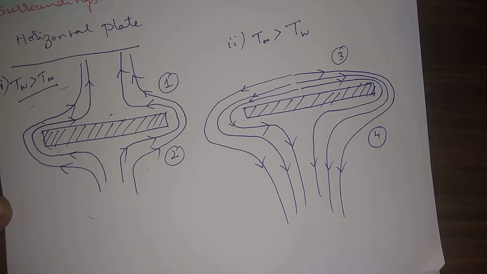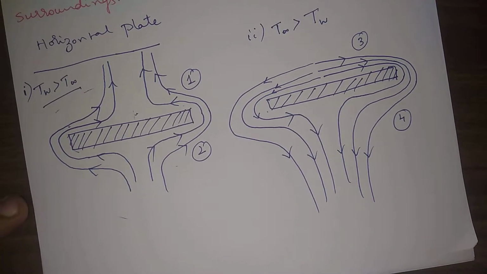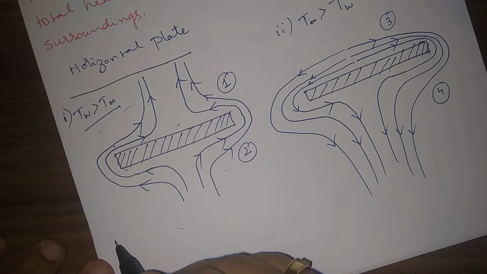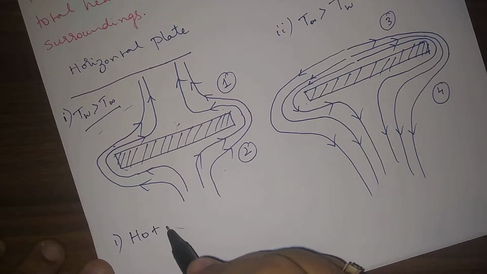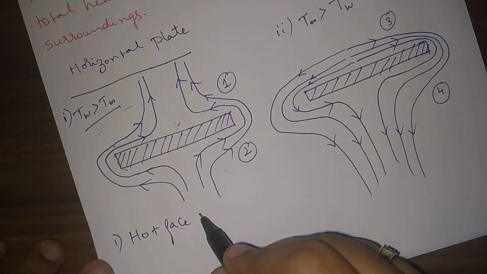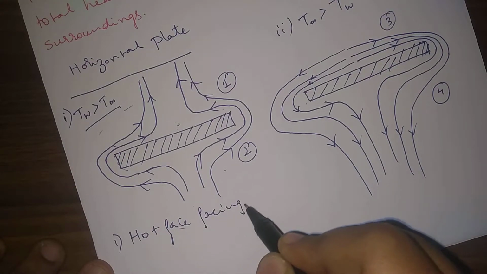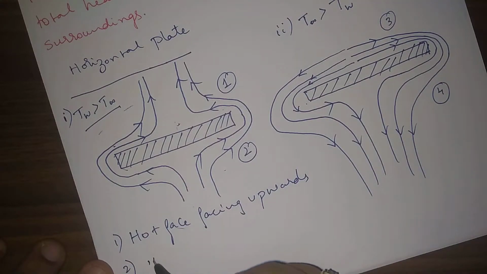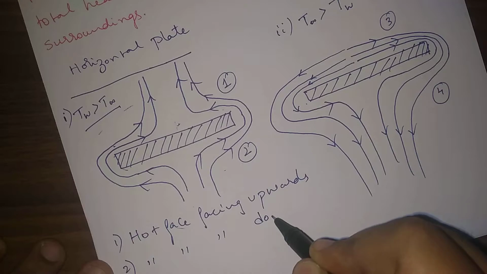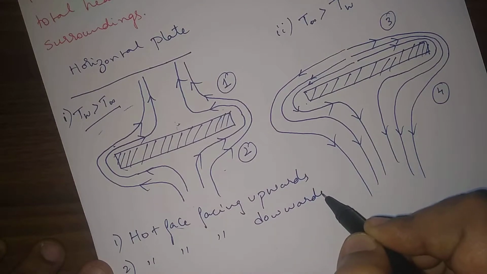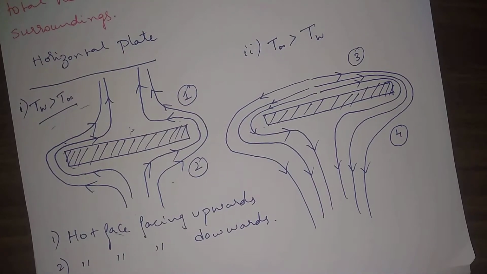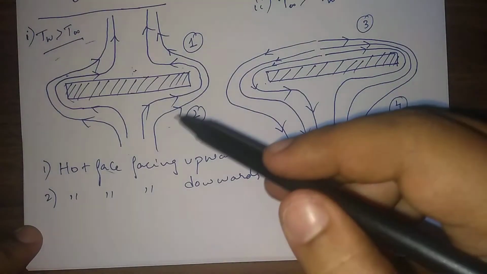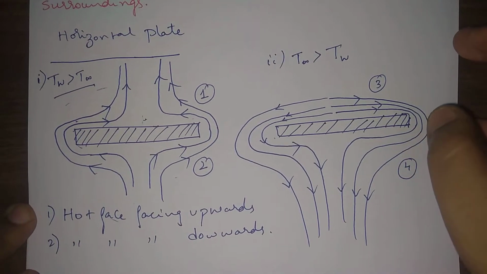In some cases they are going to give the condition as hot face facing upwards and hot face facing downwards. So it is for an entirely different case. It is the same as this. So either they are going to give it in this particular fashion.